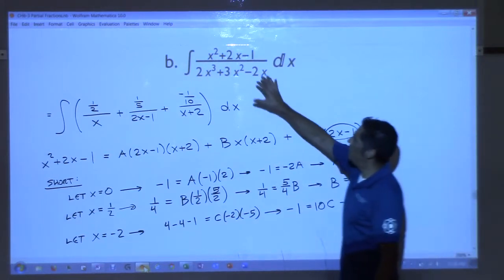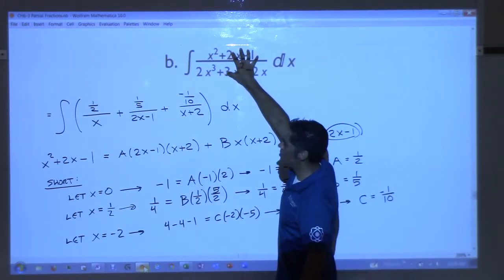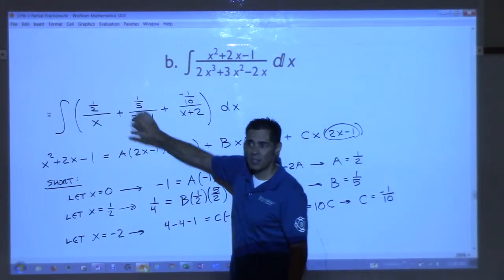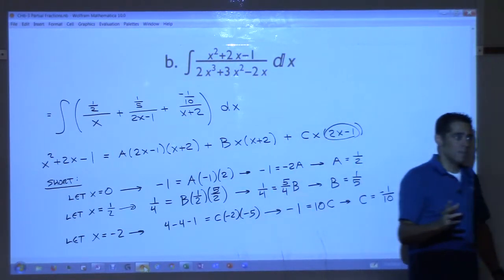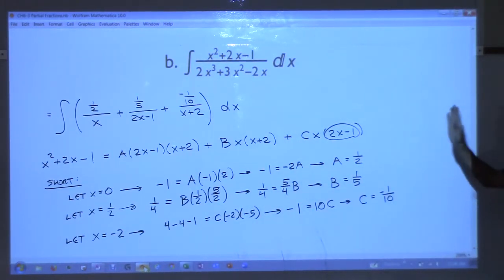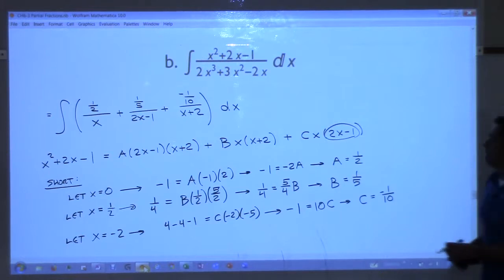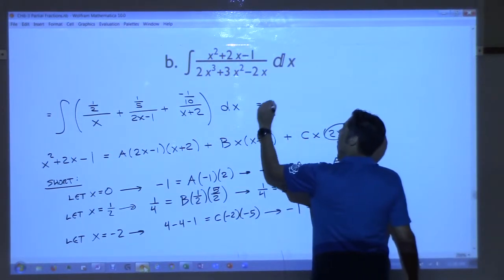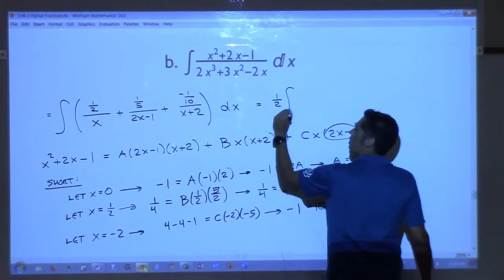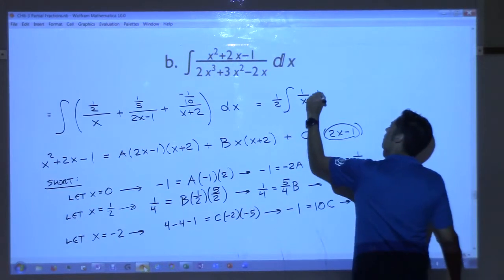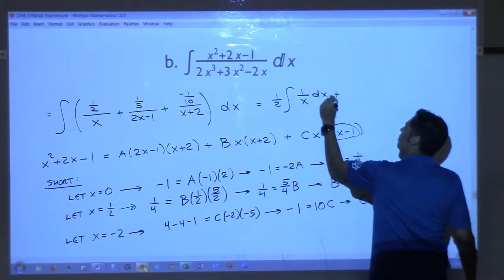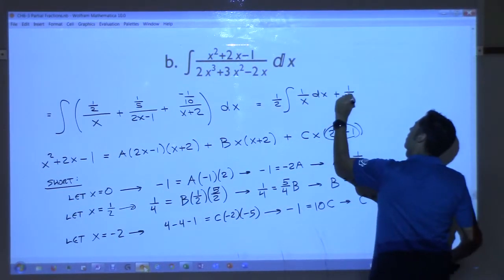So we looked at this very ugly thing. We used partial fraction decomposition to turn it into this. And the reason why that's nice is because now we can do those individually, one at a time, and they should be pretty straightforward.